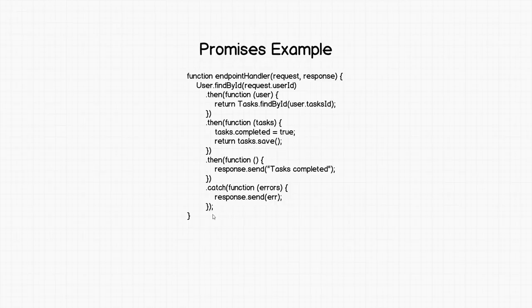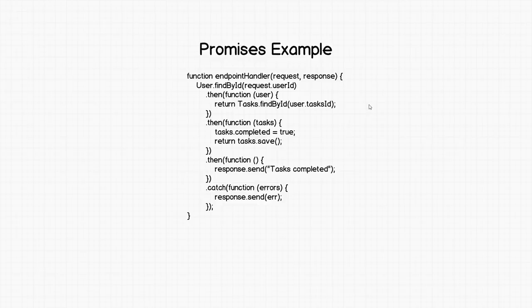We can just have a specialized piece of code that is going to handle errors no matter where they actually happened. And two, we don't have that nesting pattern that gets really hard to read, that is called callback hell, and sometimes it is referred to as Christmas tree shape, because as you can see it goes kind of like this and then the opposite. So it is definitely a much neater way to write async code in JavaScript.